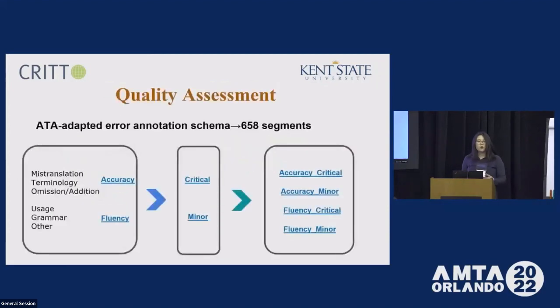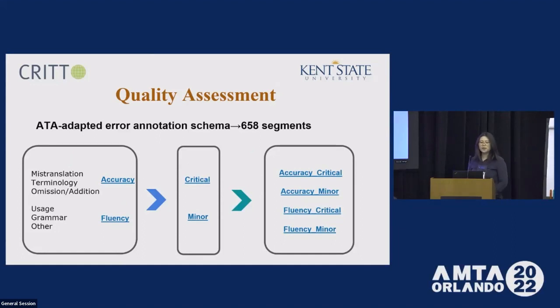After all this experiment, we got altogether 658 segments, and we hired two professional translators, one Chinese and one Japanese, to annotate the translation output according to the ATA adapted error annotation schema.